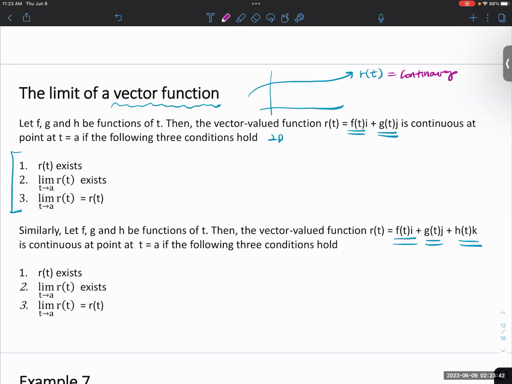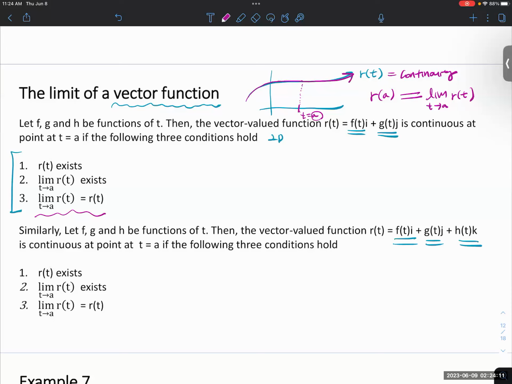When t equals a certain number a, you plug a into that function, so R of a. And also you take the limit as t approaches a. If those two are equal, your given vector function is valid as a continuous function. Okay, so that's the definition.